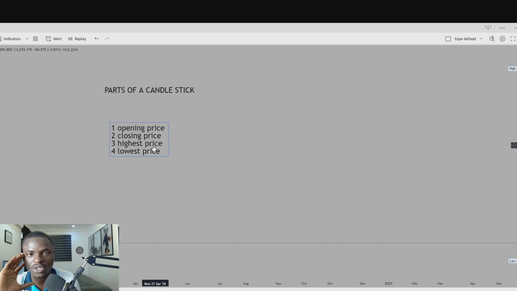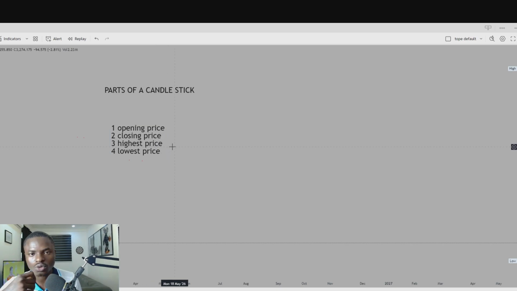Not every candle has all of these, but every candle has the opening price and the closing price. There are some candles that will just have the opening and the closing, but they are very, very rare. So the four main components of a candlestick are the opening price, the closing price, the highest the price got to, and the lowest the candle got to.